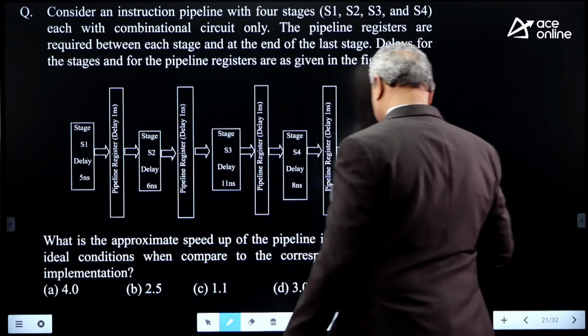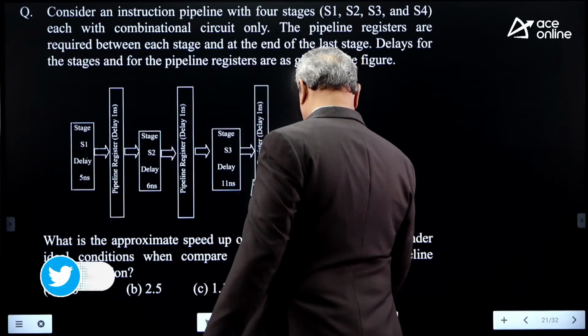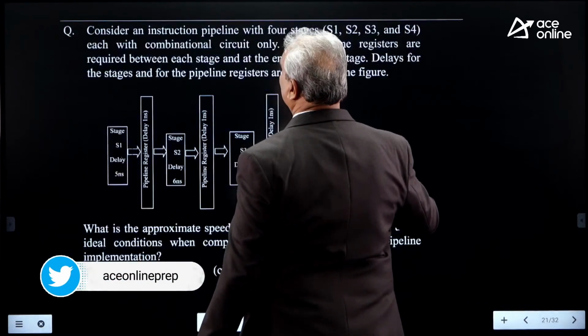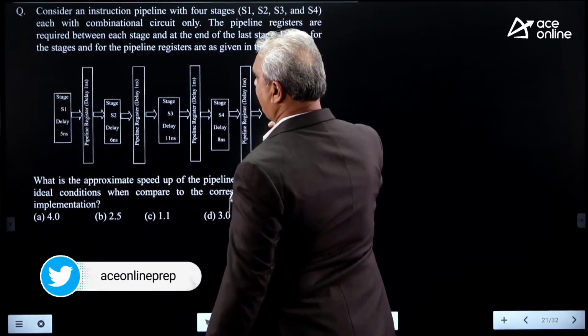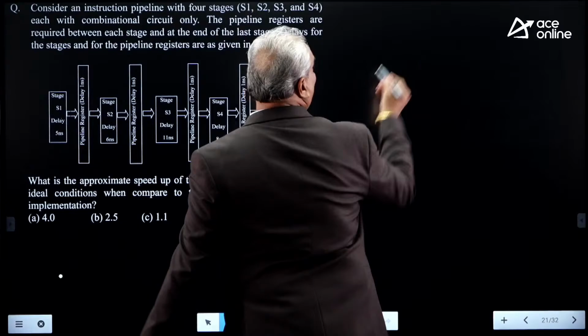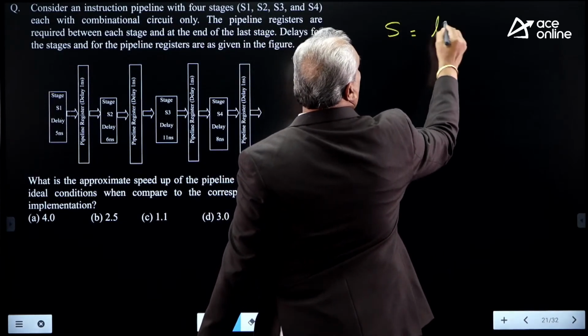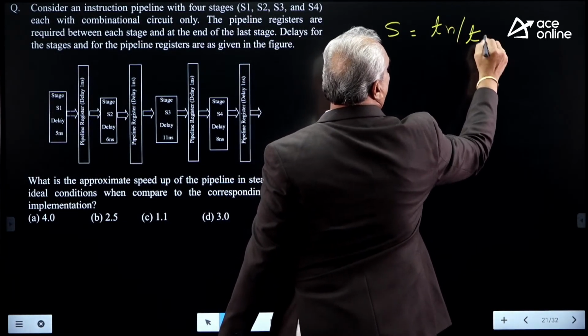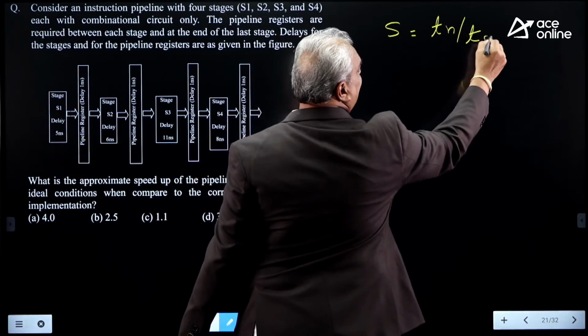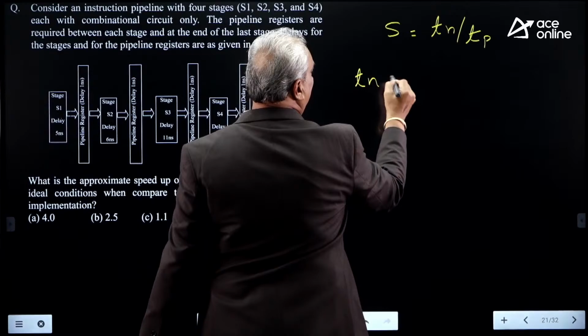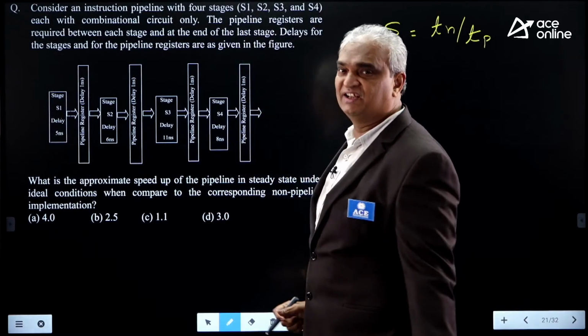What is the speed up expression here? Speed up is Tn by Tp. What is the Tn? Tn is the non-pipeline time for executing one instruction.